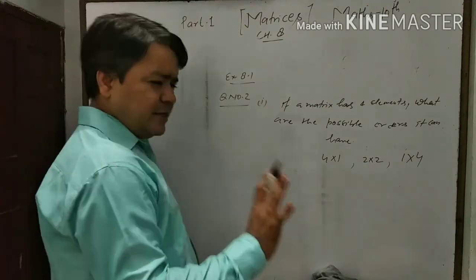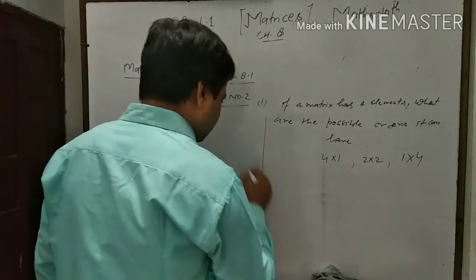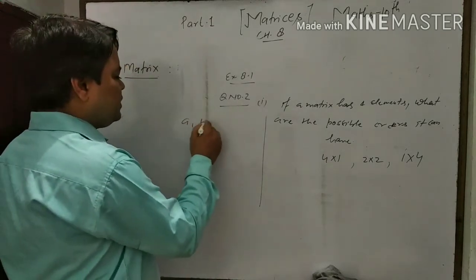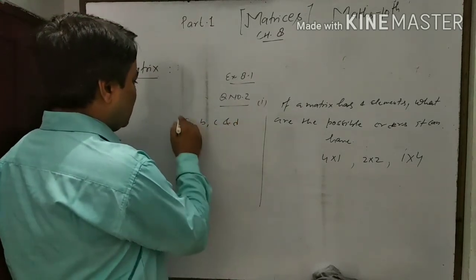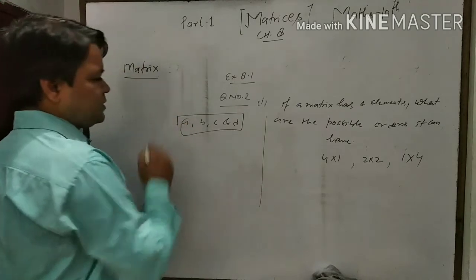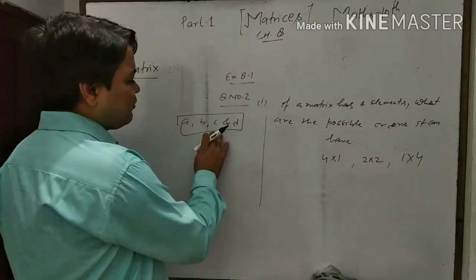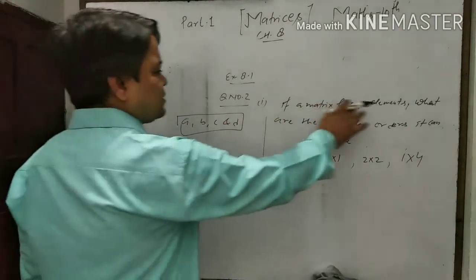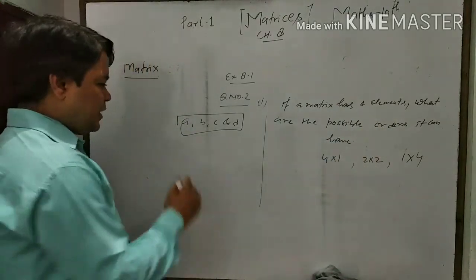For example, let A, B, C and D be the 4 elements of this type of matrix. Then how can we arrange them?